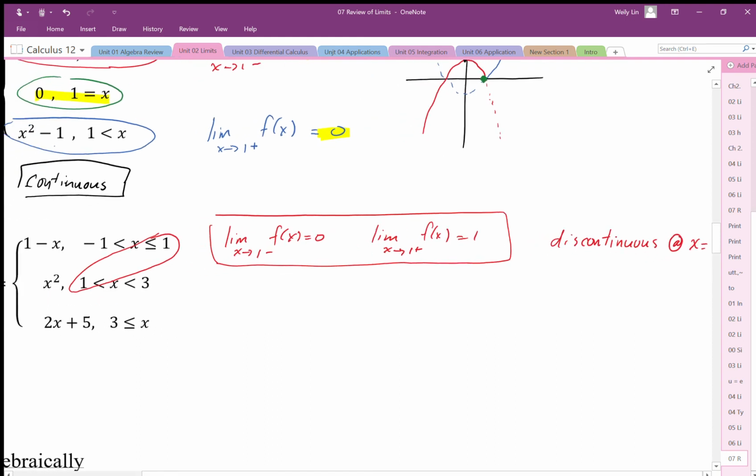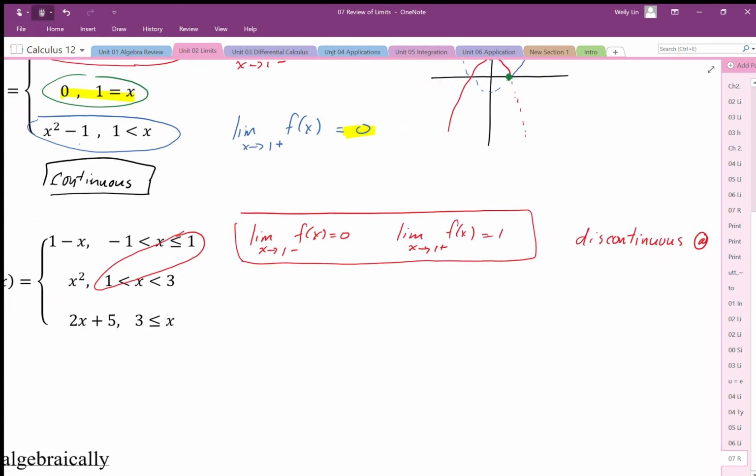Then we need to check the other transition point at x equals 3. So we're going to check the continuity at x equals 3. So the limit as x approaches 3 from the negative side, plug in 3, that's going to be equal to 9. And I'm going to check it from the other side as well.